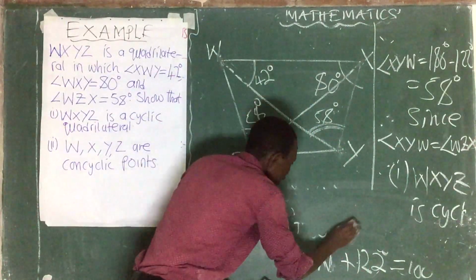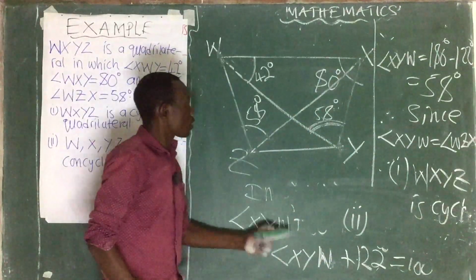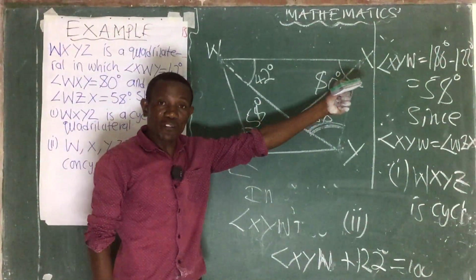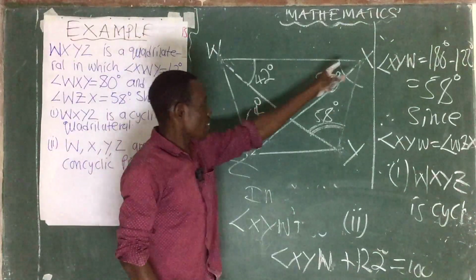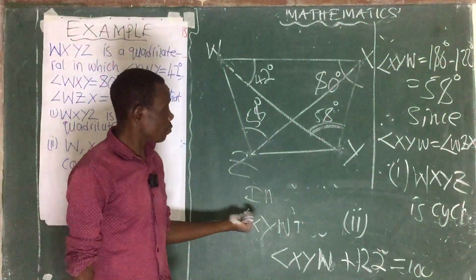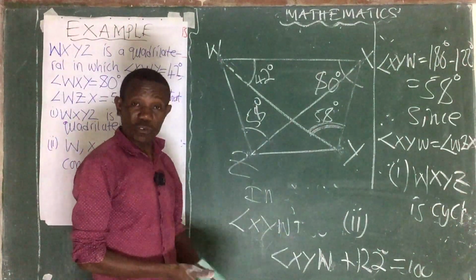Then once that one is cyclic, what do we expect about the points? The points must again lie on the circumference of the circle. Right, and that is true.